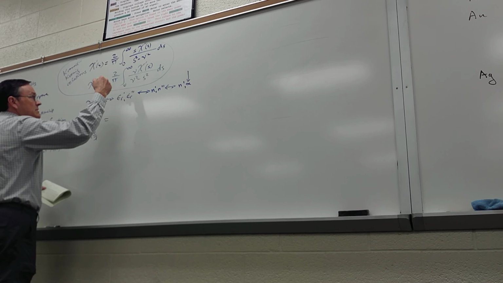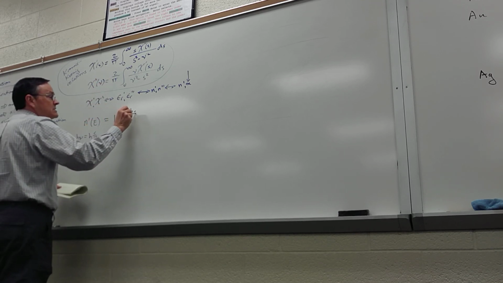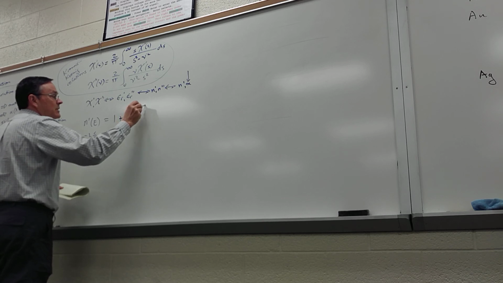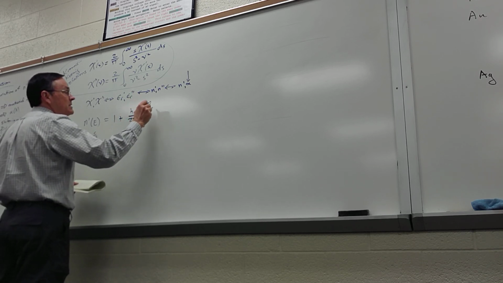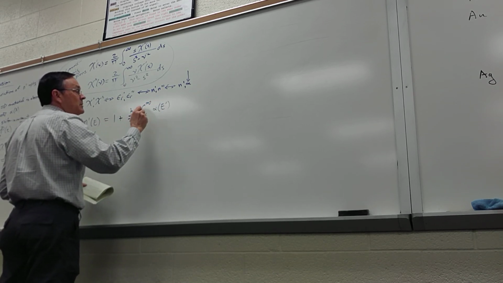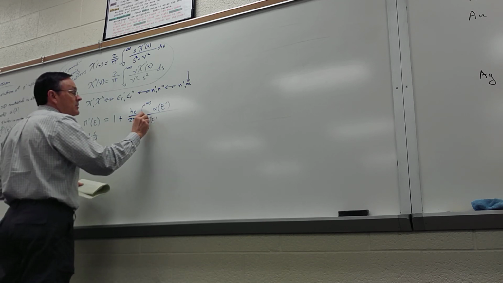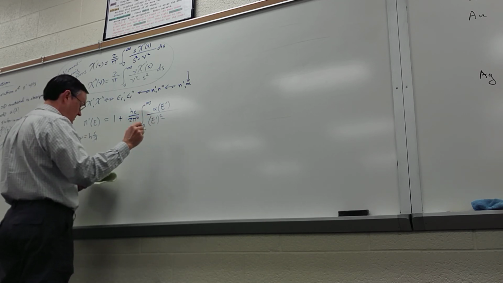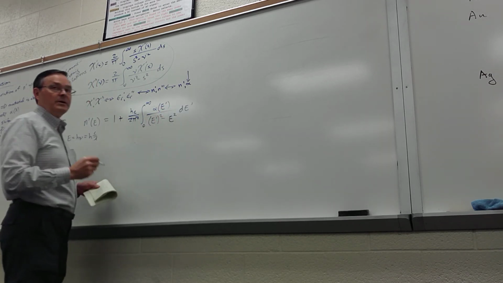Doing the algebra to do the conversions, we end up with 1 plus hc over 2 pi squared, integral from 0 to infinity of the absorption coefficient, dummy variable E prime, over E prime quantity squared minus E squared, dE prime.